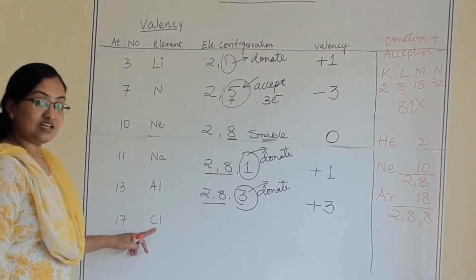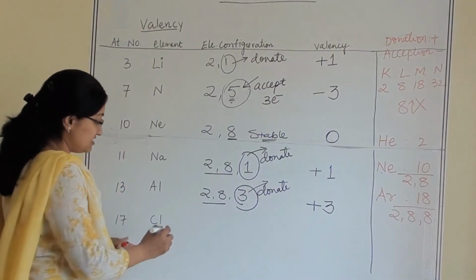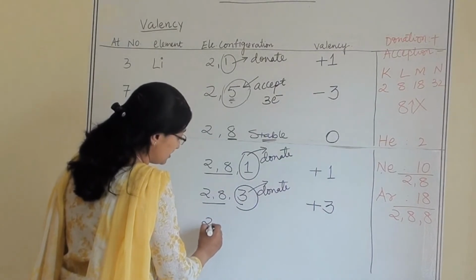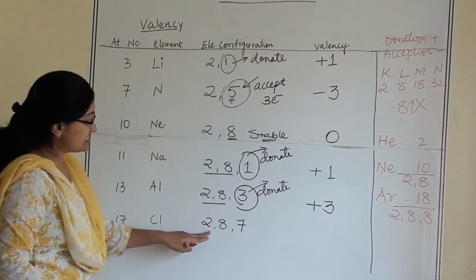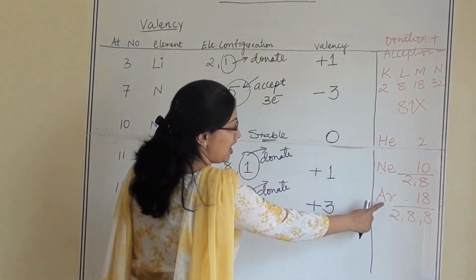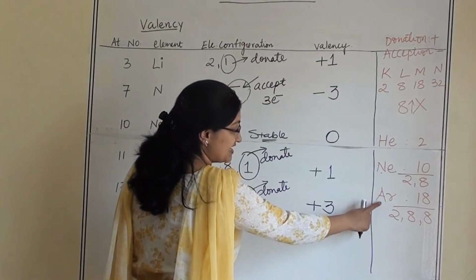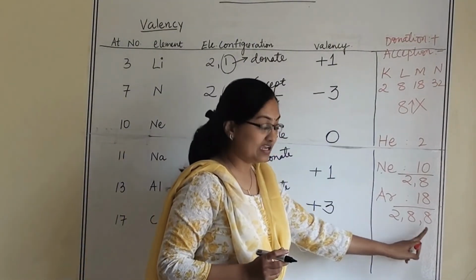Now the last element, chlorine. Its atomic number is 17. What will be the electronic configuration? 2, 8 and 7. If we see which will be the nearest noble gas for 17, argon is the nearest noble gas. And what is argon's electronic configuration? 2, 8, 8.